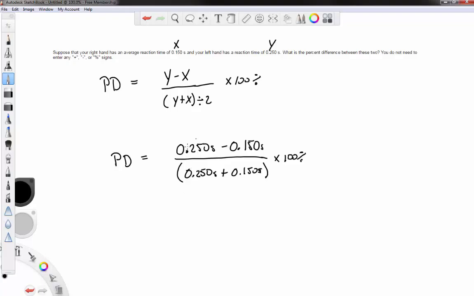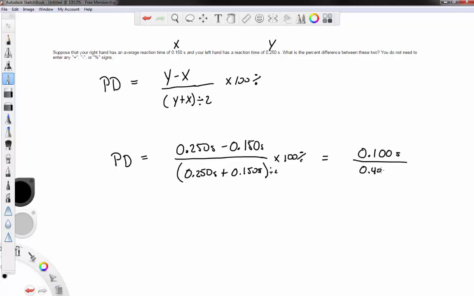Okay. So the difference between these two is 0.1. So 0.100 seconds divided by 0.25 plus 0.15 would be 0.4. And this is divided by 2.